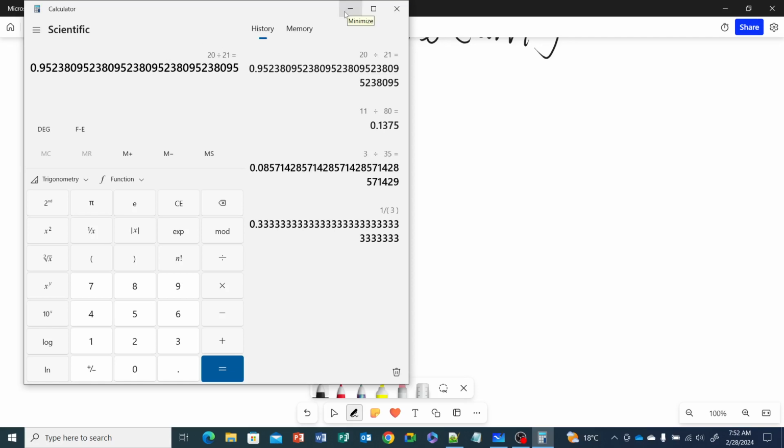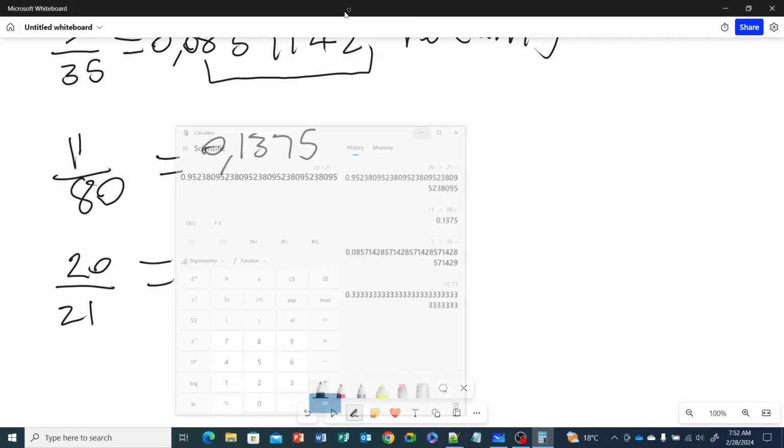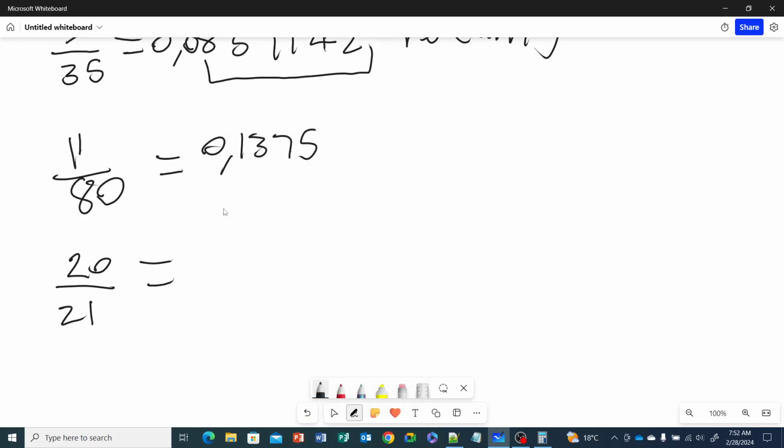It's a recurring decimal because it repeats the number 952380. So it's 0.952380.